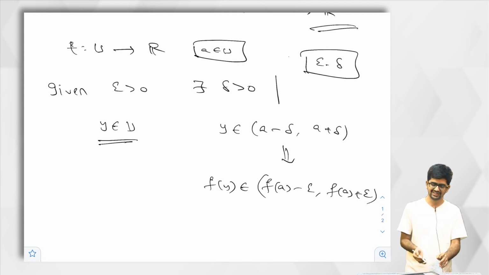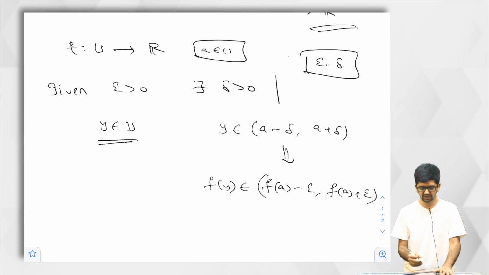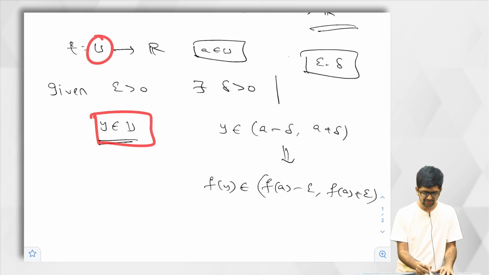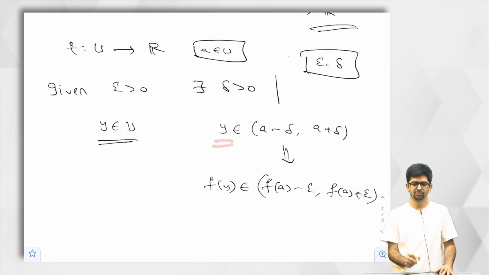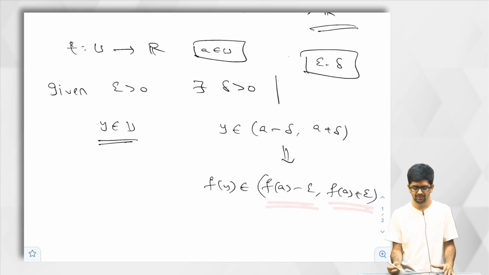A function f is said to be continuous at an element a belonging to U if, given epsilon, there exists a delta such that for every y in U with y between a minus delta and a plus delta, f of y will be between f of a minus epsilon and f of a plus epsilon. This is the notion of continuity using the so-called epsilon delta description.